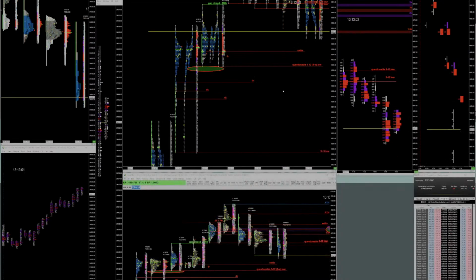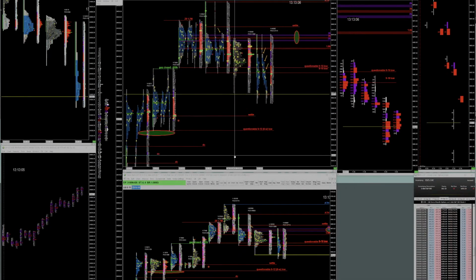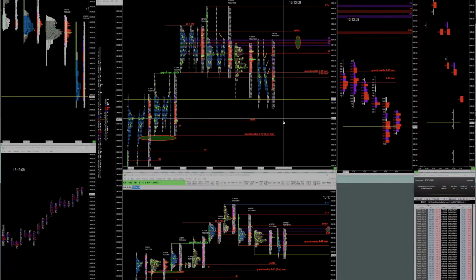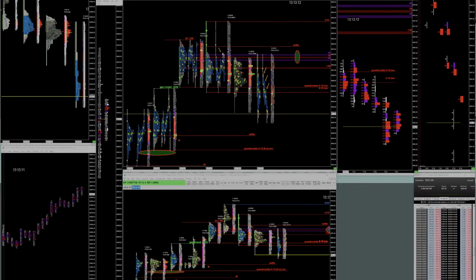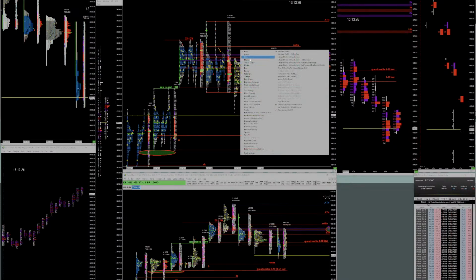I'm just checking the markets here, right? Now, as the week starts to develop, the same thing that I have seen down here, I am starting to see up here, right? I highlighted this area, I guess it was yesterday, but the same thing is happening here now.